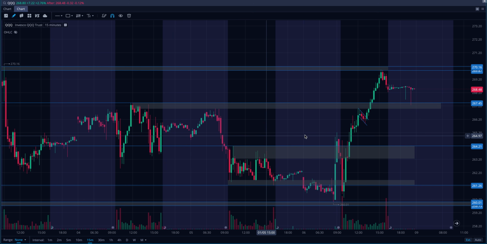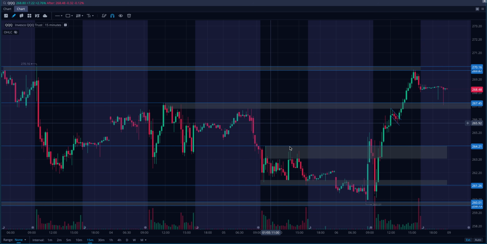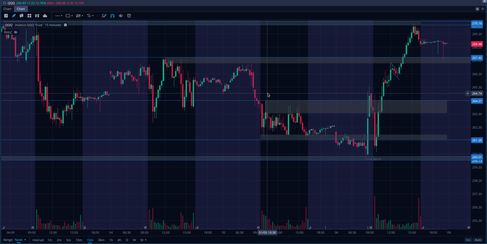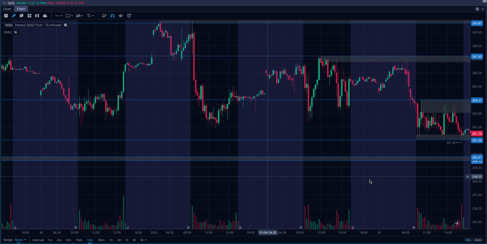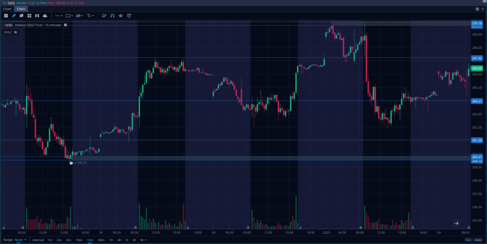So coming into Friday, I had 1, 2, 3 resistance areas. Those are the only 3 on my chart. For support, I had the previous day's low, and then I had the pre-market low. I connected the pre-market low level. It was 260. With this right here, you see 259.73.